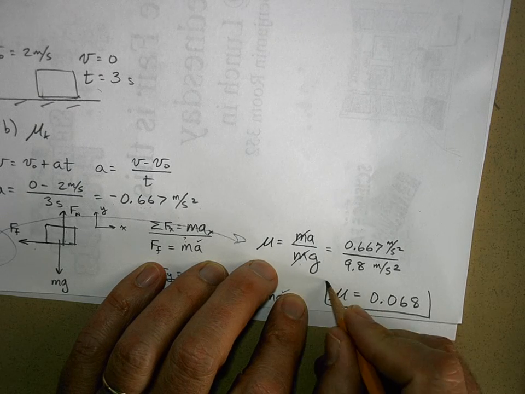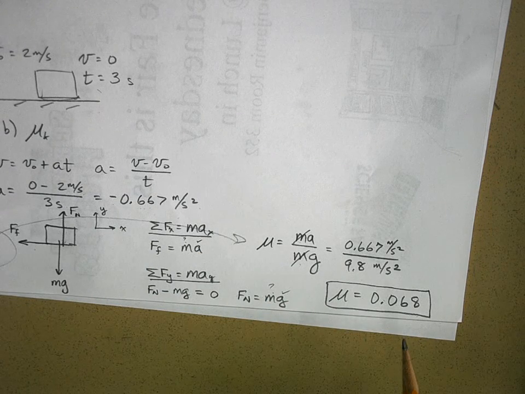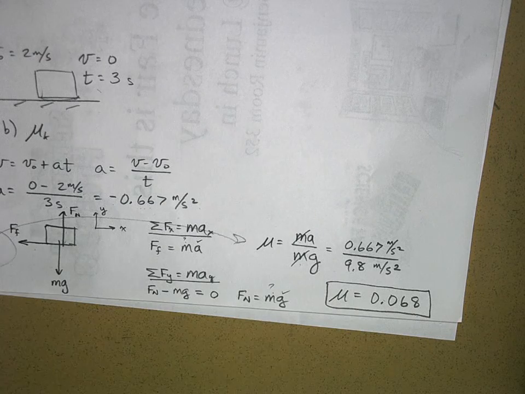Now this is pretty slippery stuff. If you have a coefficient of friction that's 0.1 or less, you're dealing probably with an ice rink or something. The concrete floor of this room, when I slid that, it was a lot more than that.